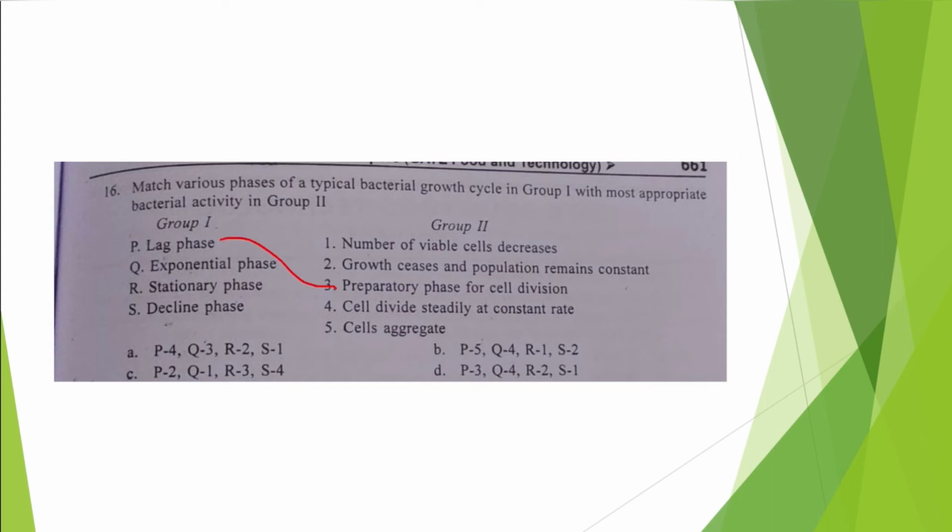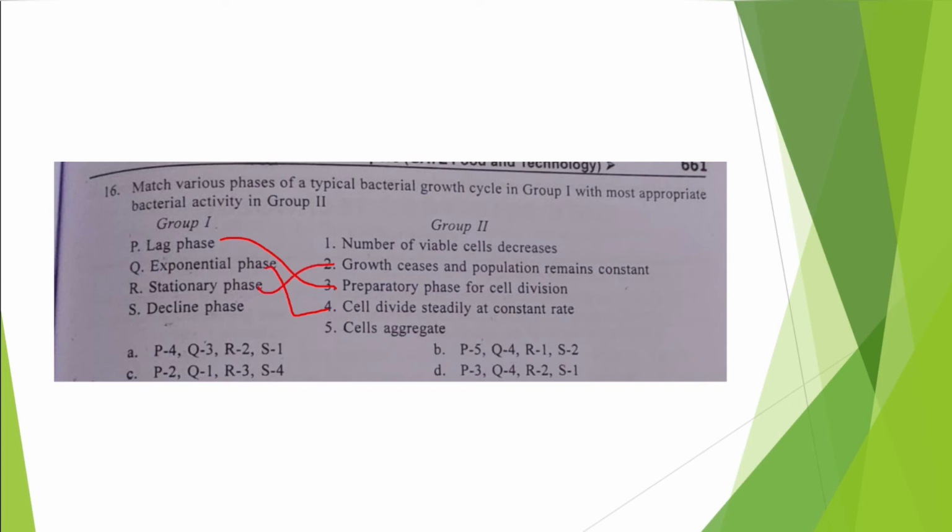Next, exponential phase is a stage at which cells divide steadily at a constant rate. Then stationary phase is a growth ceasing phase, and in this phase the population remains constant.